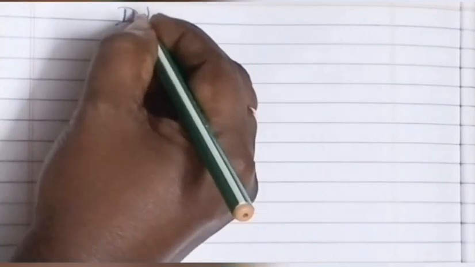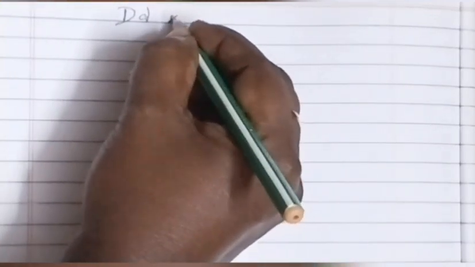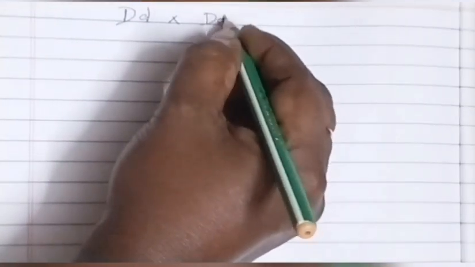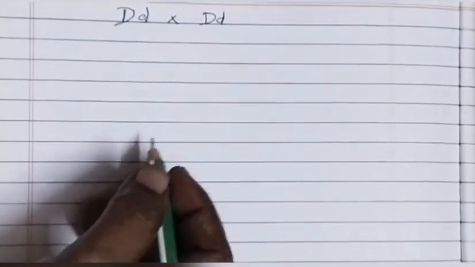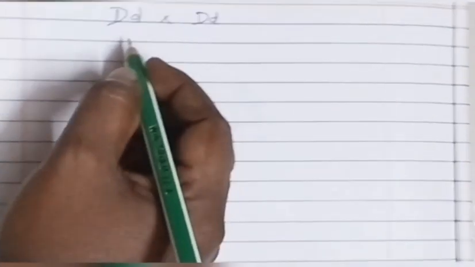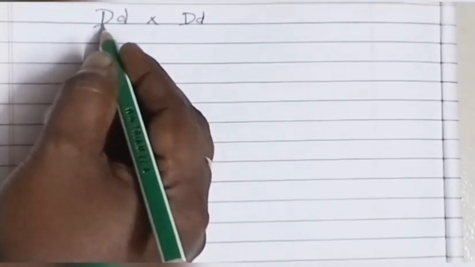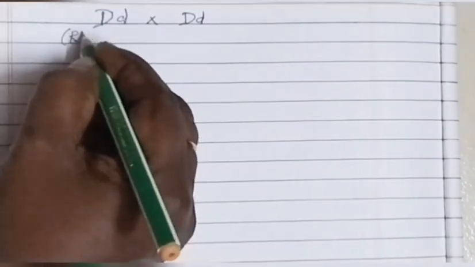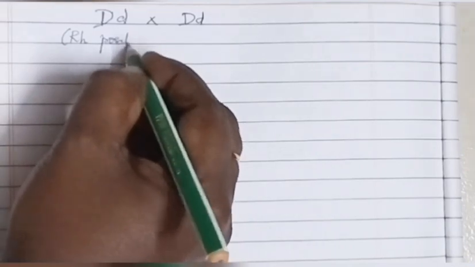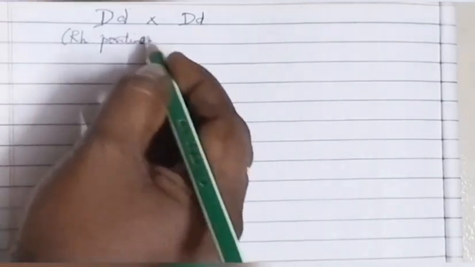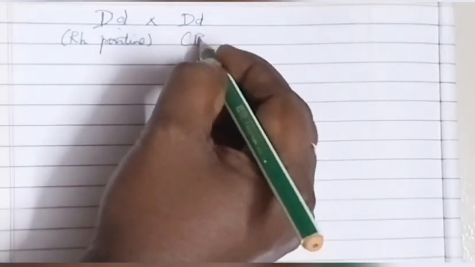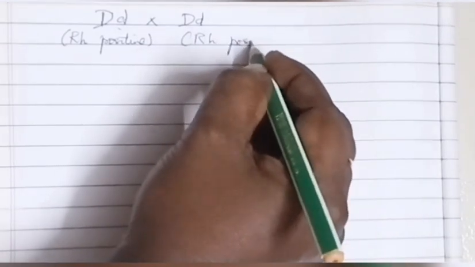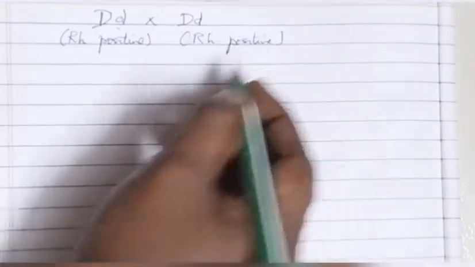Capital D into capital D small d. Just look at the question here. Here there is a capital D and here also there is a capital D. So it is considered as what? RH positive. And the other one is also said to be RH positive. Right?